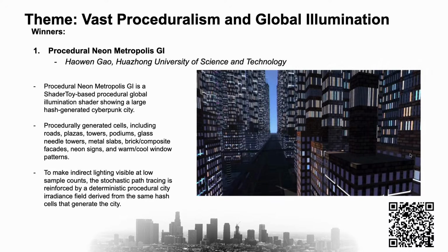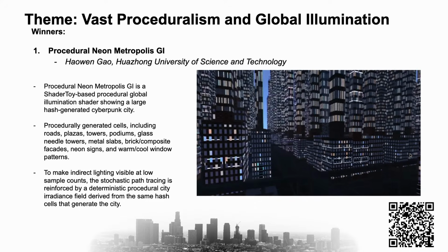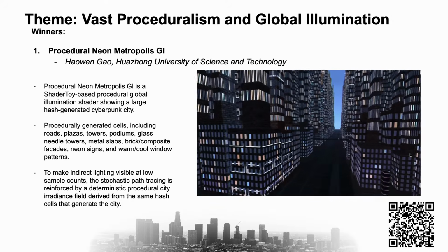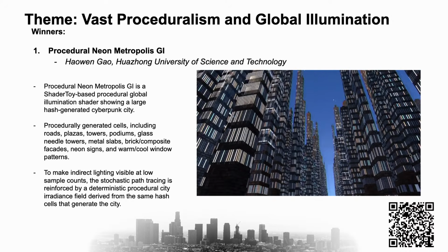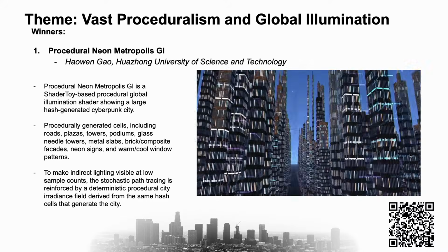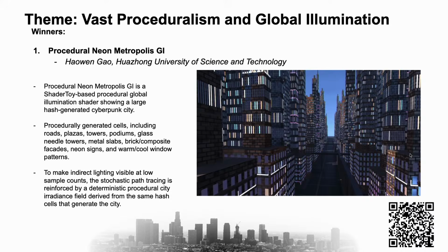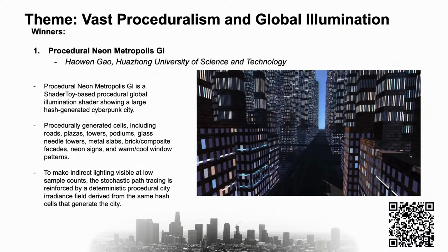And there's an irradiance field derived from the same hash that generates the city. It's an excellent demonstration of both vastness and proceduralism combined with global illumination. And this is our winner for this year. So let's go ahead and congratulate them.